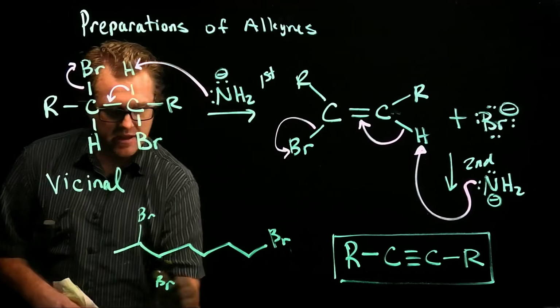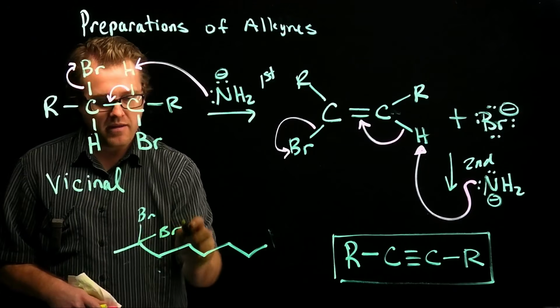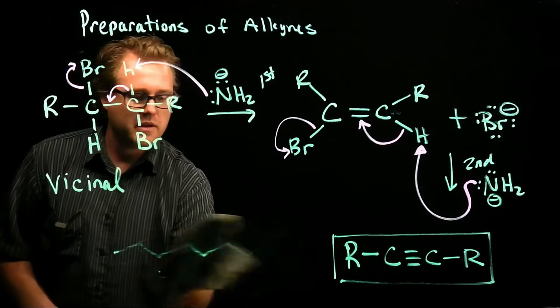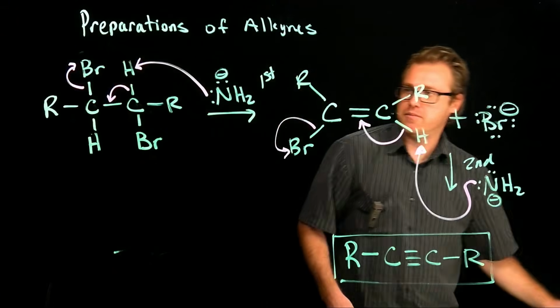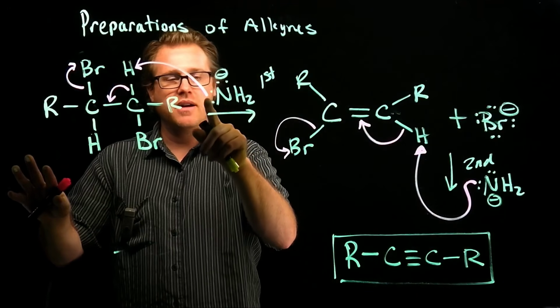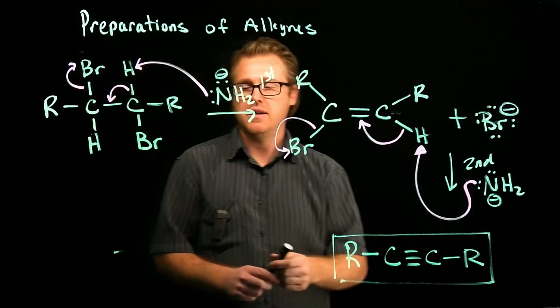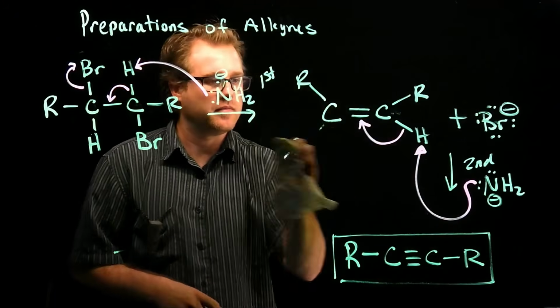And if I change this one, get rid of that for a second, and if I put a bromine there, then that would be geminal. Okay. So here's our vicinal. So how would that mechanism work? Well, we would have our first equivalent of sodium amide doing the same thing. Perfect. But what's different on the product side here?